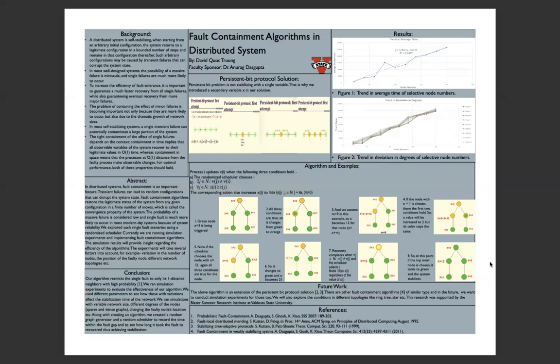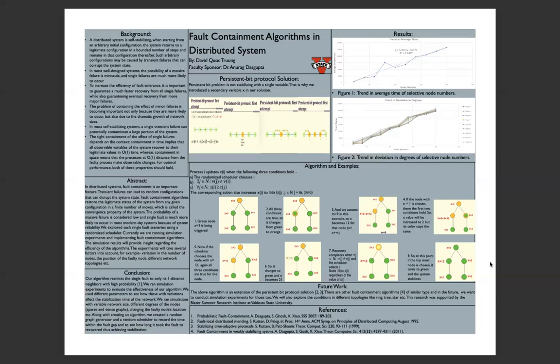So right here, you can see the results we have on the top right-hand corner. I have observed the trend in the average time of the selected node numbers, and it seems to be linear, which was very interesting. It keeps rising.